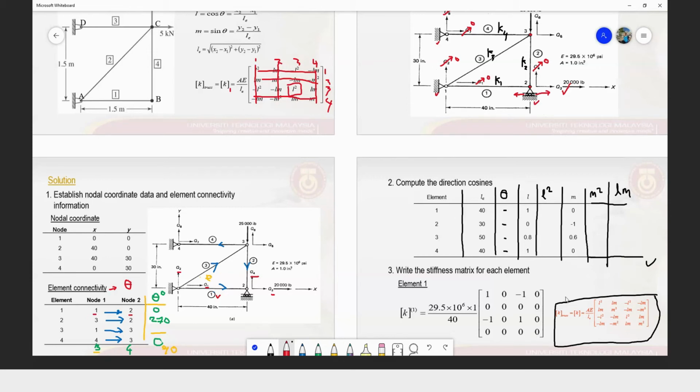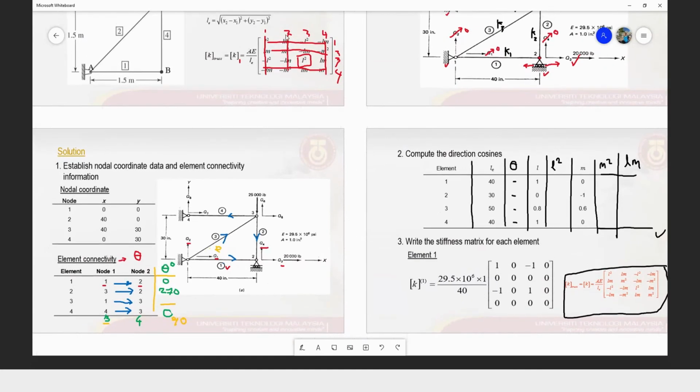So instead of writing everything here, which will take some time for you to write, you can reduce your work just by showing something like this.